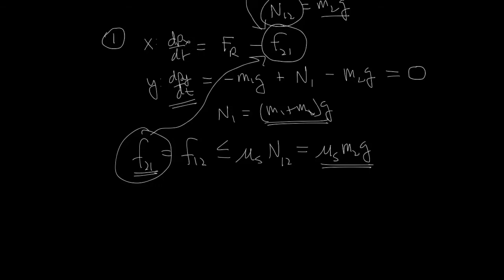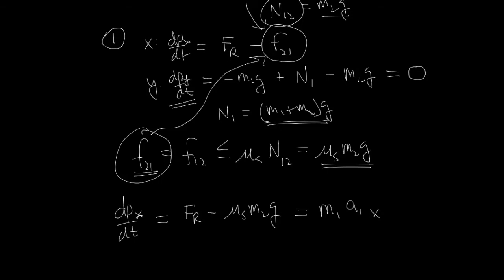So in the x direction, we get dpx/dt is equal to Fr minus mu s m2g. But what is dpx/dt? It's the mass of block 1 times the rate of change of its velocity, m1 a1x, right?